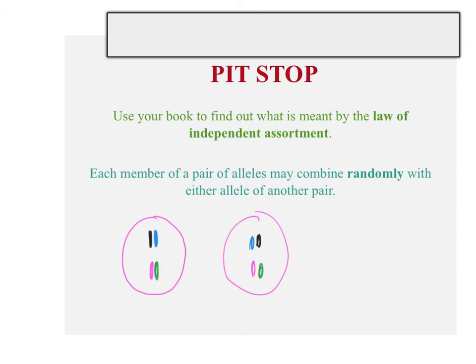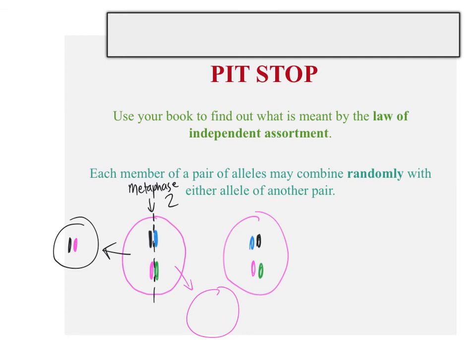Now, what that means in terms of divisions is that if I've got this cell on the left going into metaphase 2, so maybe it's doing its second division, and the chromosomes are arranged as they are in this picture, then this gamete is going to have the combination of whatever genes are on the black arm and whatever genes are on the pink arm, and this cell will have whatever combination of alleles are on the blue arm and the green arm.